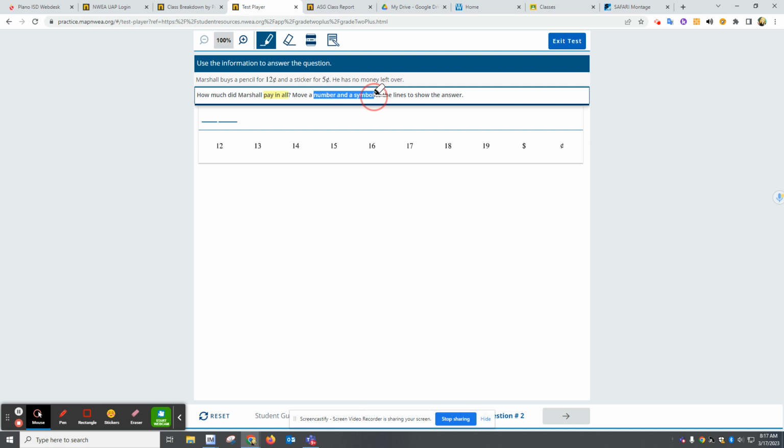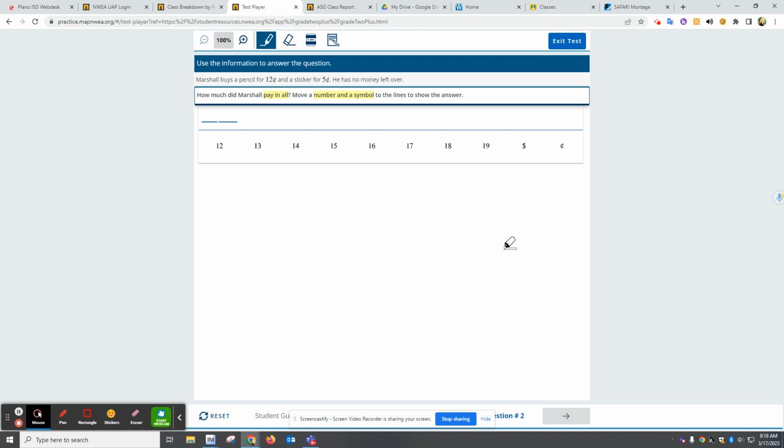Move a number and a symbol to show. So here are some symbols, and here are the numbers I'm going to be choosing from.